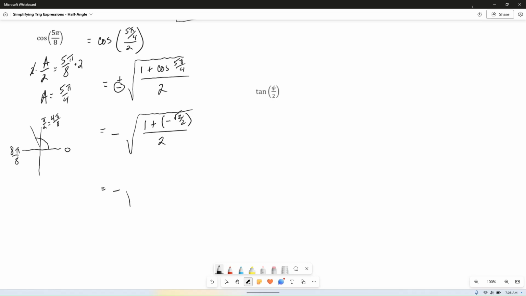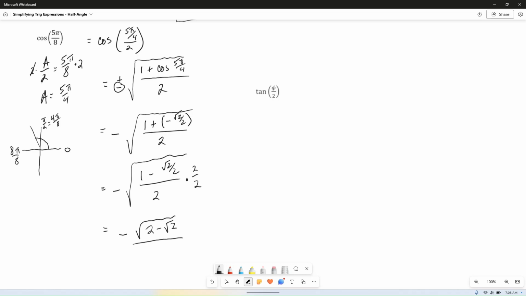So we have the negative square root of 1 minus the square root of 2 over 2, and then all that's divided by 2. And I'm going to do the same thing. We're going to multiply top and bottom by 2. And so that's going to leave us with a negative square root of 2 minus the square root of 2, all in the numerator.